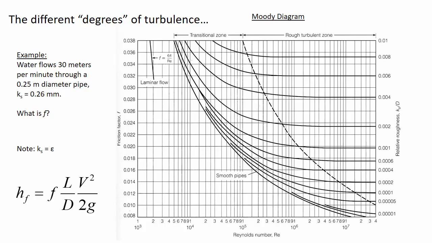All right, so the velocity that it's describing here of 30 meters per minute, we need to multiply by 1 minute being 60 seconds. So that's 0.5 meters per second.